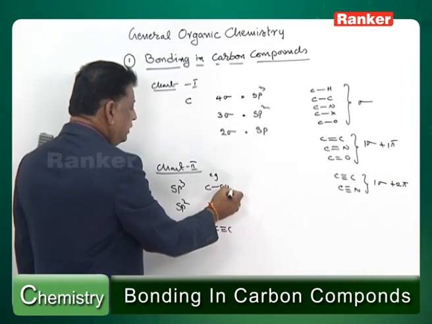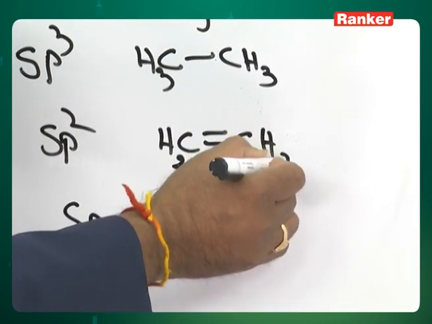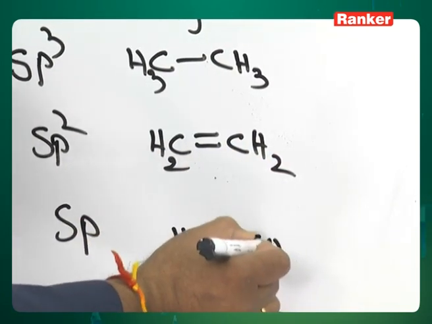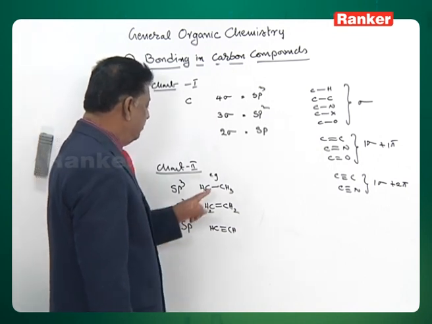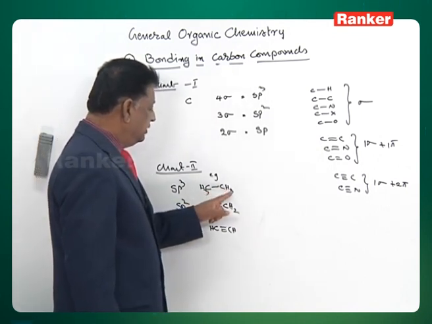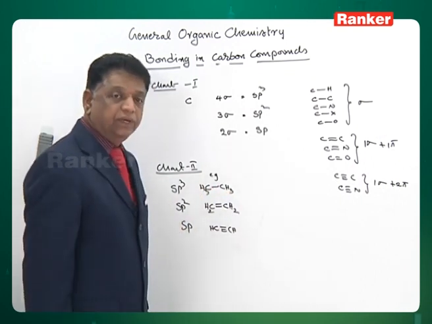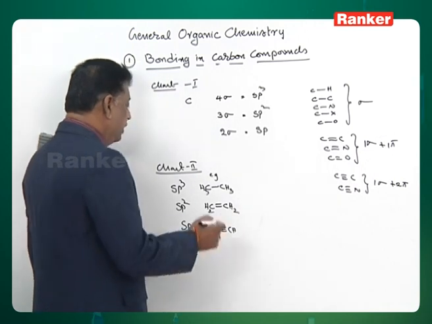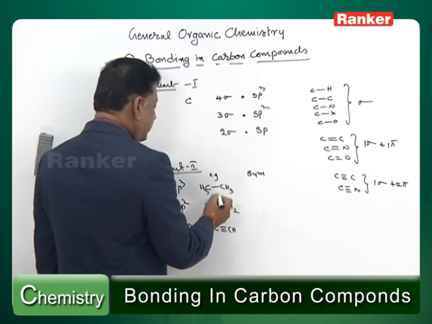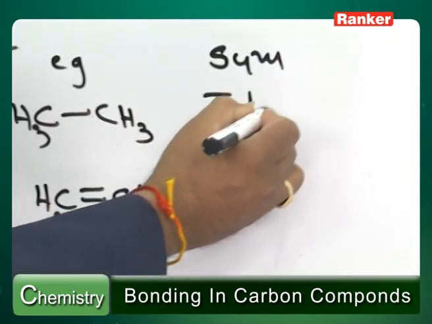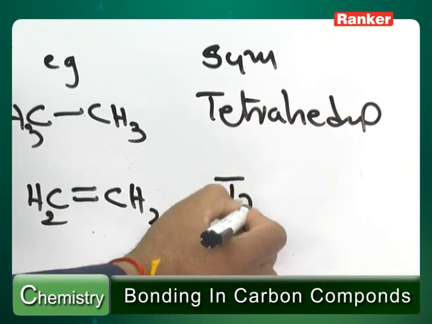This has 3 hydrogens, this has 2 hydrogens, and this has 1 hydrogen. The number of sigma bonds we have already identified. The carbon with 3 hydrogens and 1 sigma bond has 4 sigma bonds, which is the example for sp3 hybridization. The symmetry at each carbon is described as tetrahedral, and this is trigonal planar.